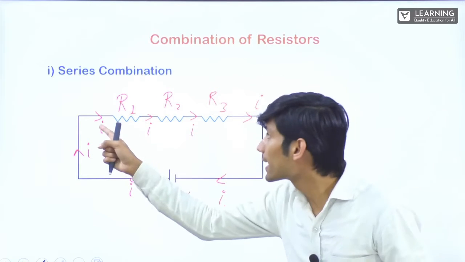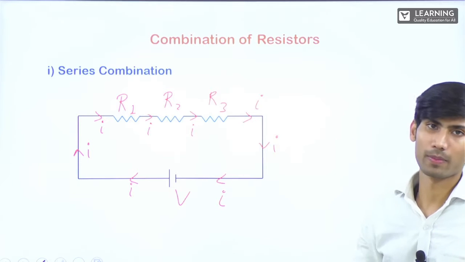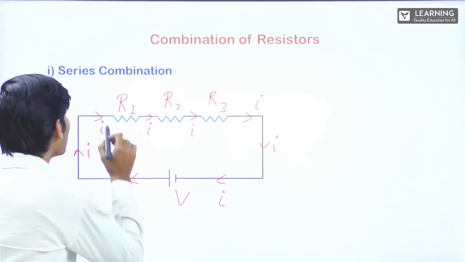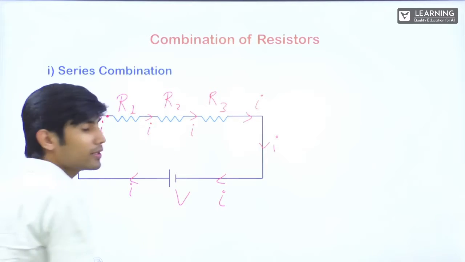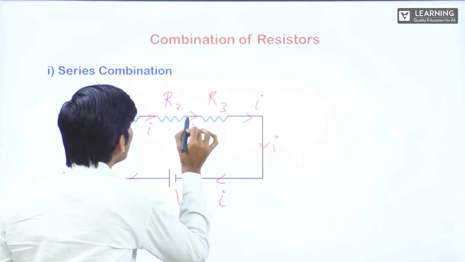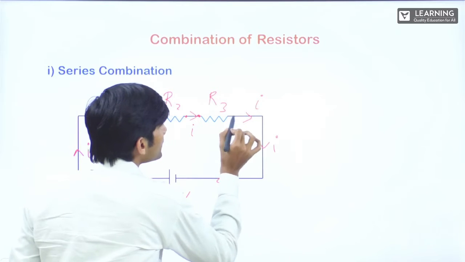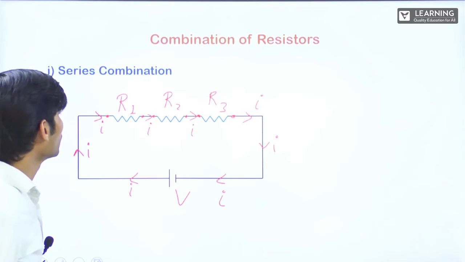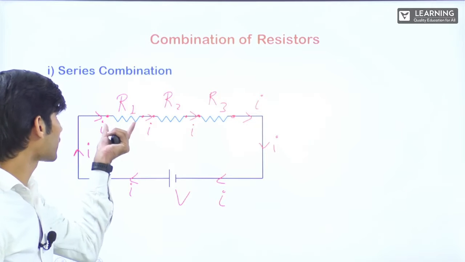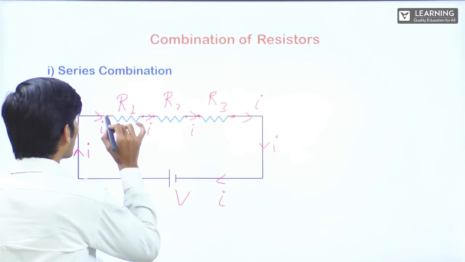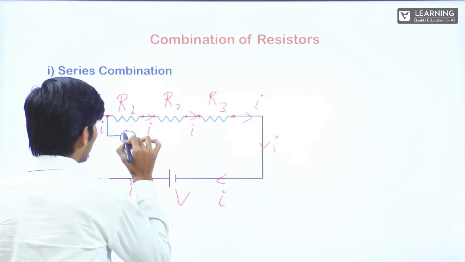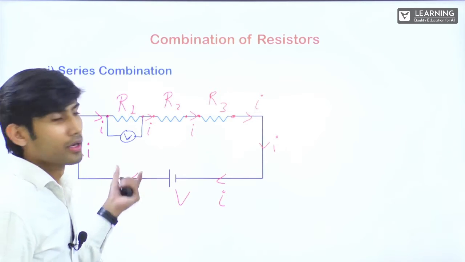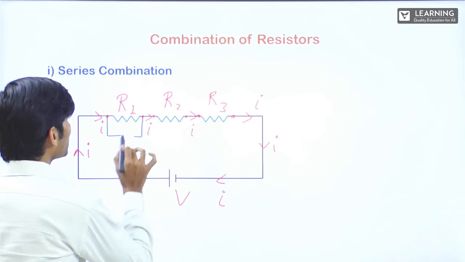So in series, current in all the resistors remains same. What gets distributed is voltage. The potential difference across this resistance will be different, across this resistance will be different, and across this resistance will be different. Clear? Now if I ask you what is the potential difference across this particular resistor R1, if I connect a voltmeter, how much potential will it show? What is potential difference?